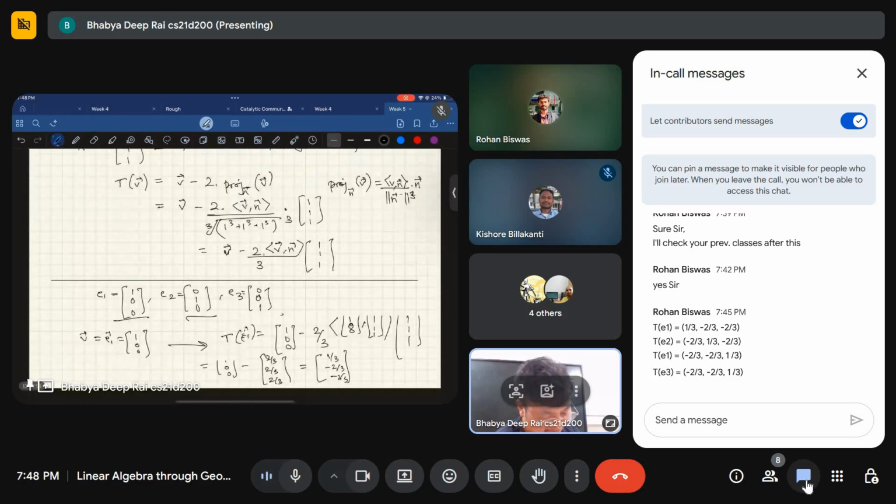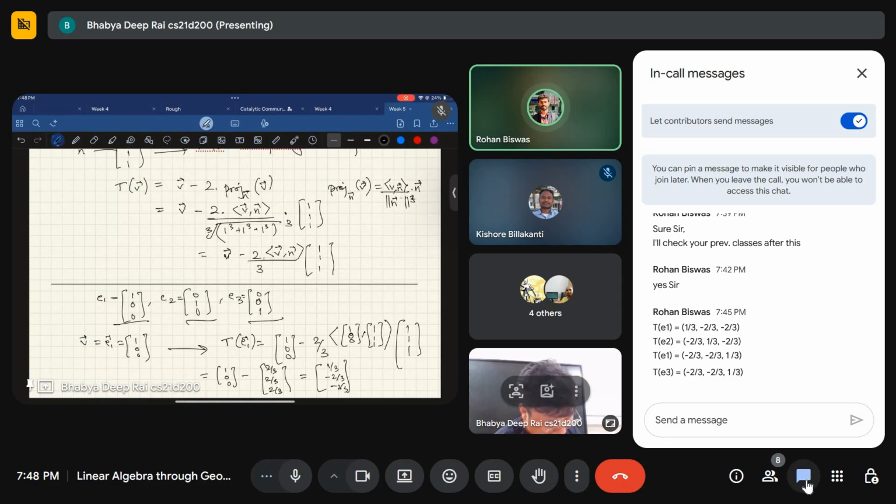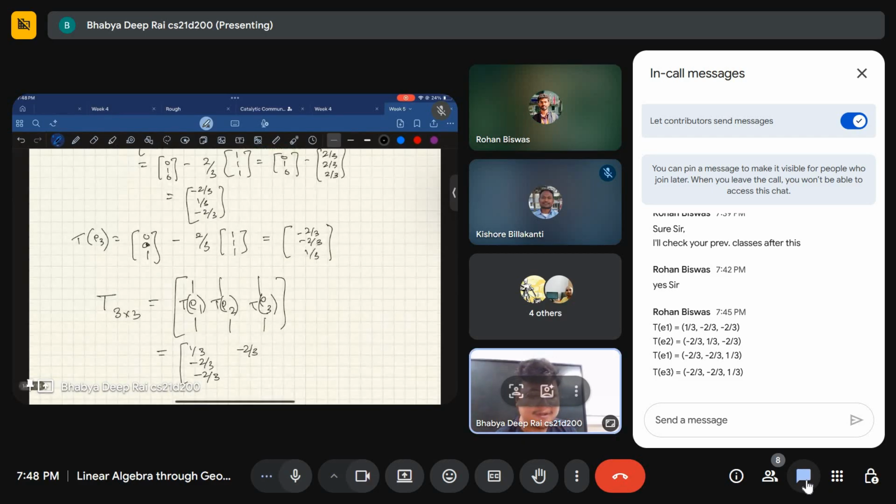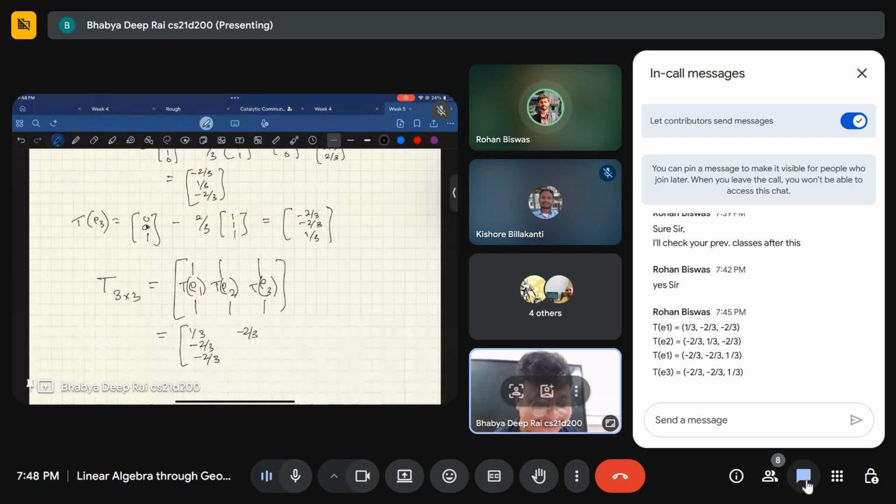No, the later one is T of E3 actually. I was copy pasting the results from the chat so that I don't need to change the pages. Okay. Sorry. 1 by 3 appears in the diagonal, and all other elements are minus 2 by 3. It's like 2 by 3, minus 2 by 3, 1 by 3.